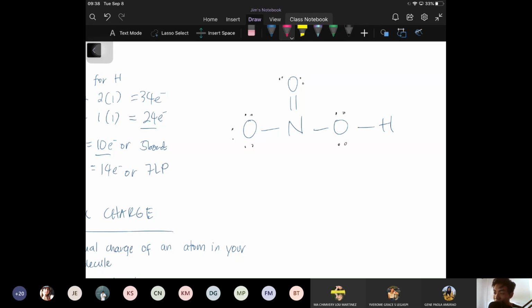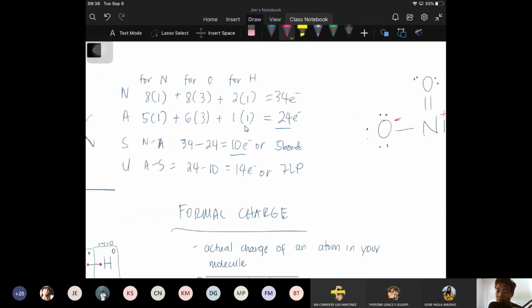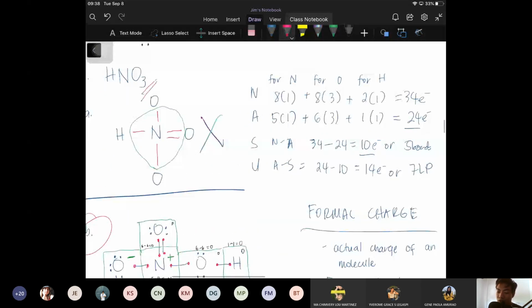You redraw the structure and you place the formal charges on the atoms. And take note, the formal charges of the atoms in your molecule, when added up, should give you the charge of the molecule itself. So, plus 1, minus 1, and 0. That means nitric acid is not charged.